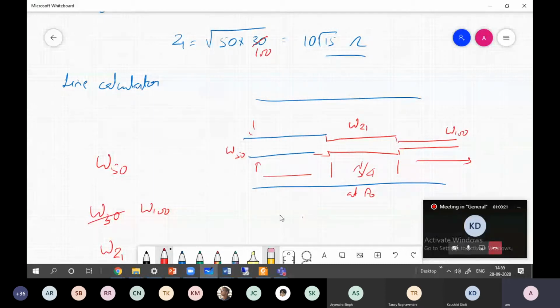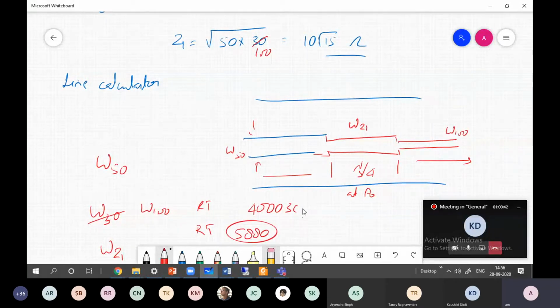So please take the substrate as it was decided. For the BTech students, you have to take the 4003C RT duroid, and for dual degree you have to take the 5880 substrate.